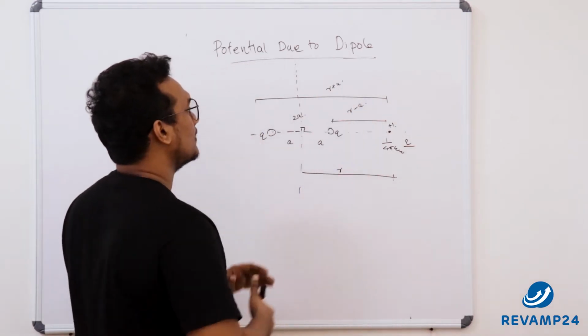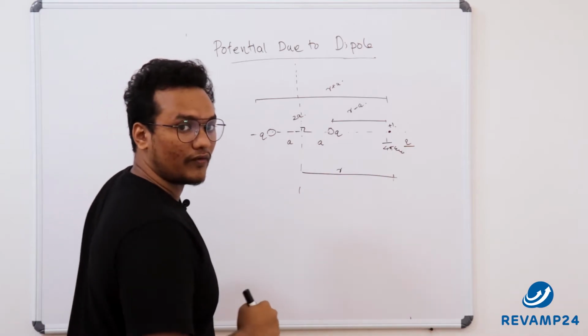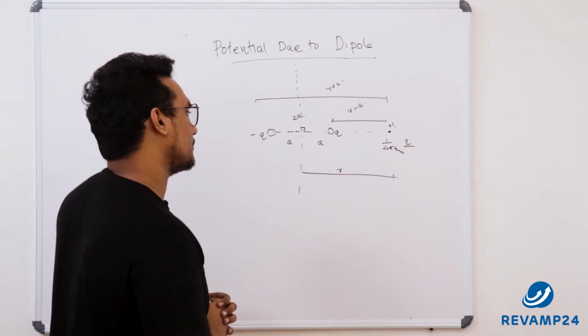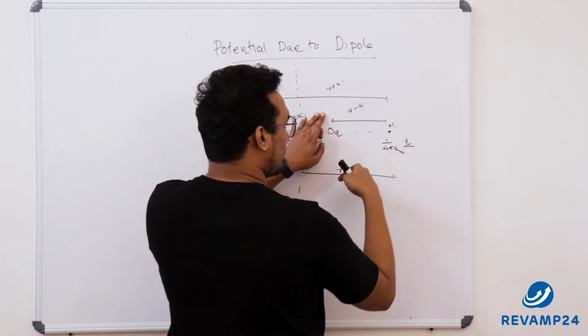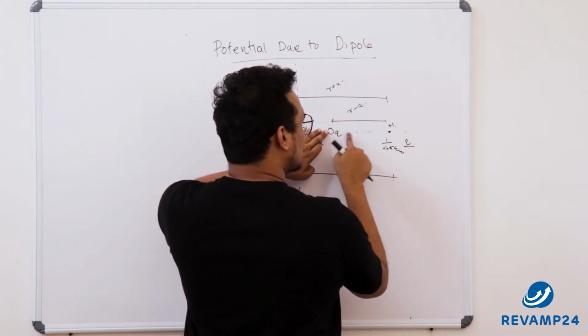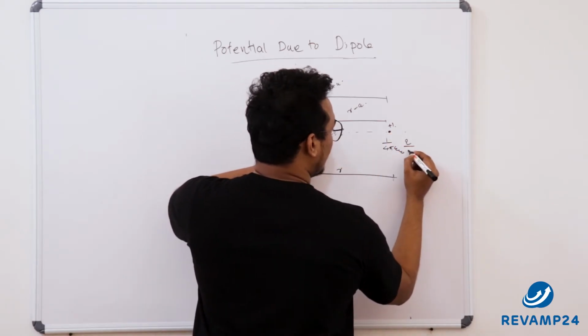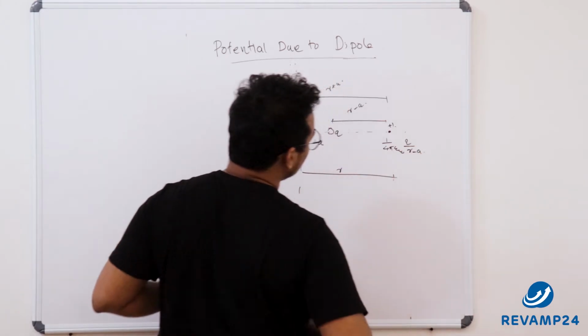I have just mapped the distance between the charge and the point where we are going to find the electrostatic potential. Now with respect to plus q, come back to 1 by 4 pi epsilon 0 q divided by the distance between the point where we are finding and the positive charge. What is that? r minus a.